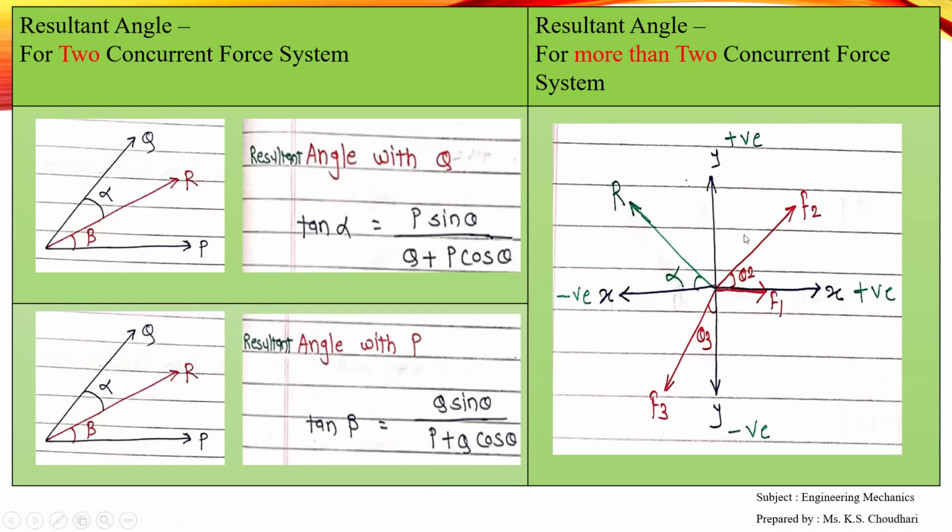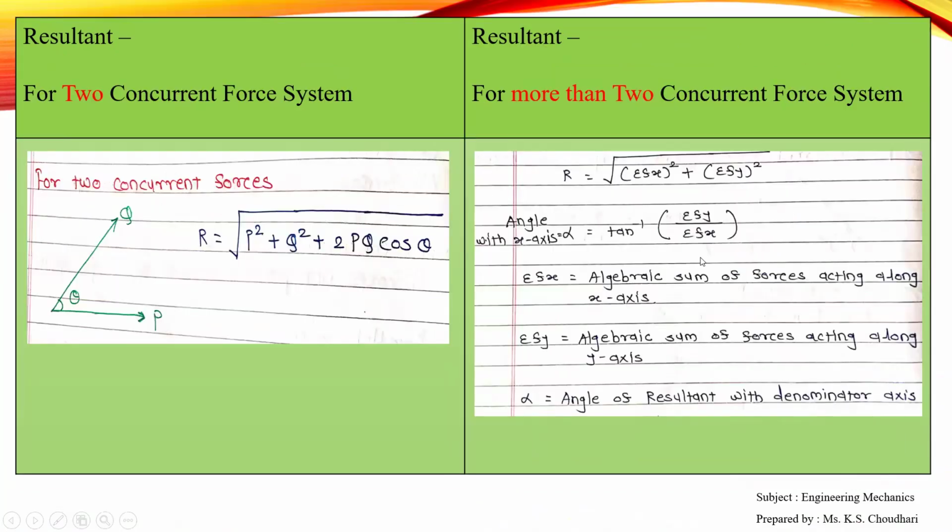So how to find the resultant of this force system and how to find the resultant angle for this system, we will see here. Okay. Now I think you look at this figure and understand it.